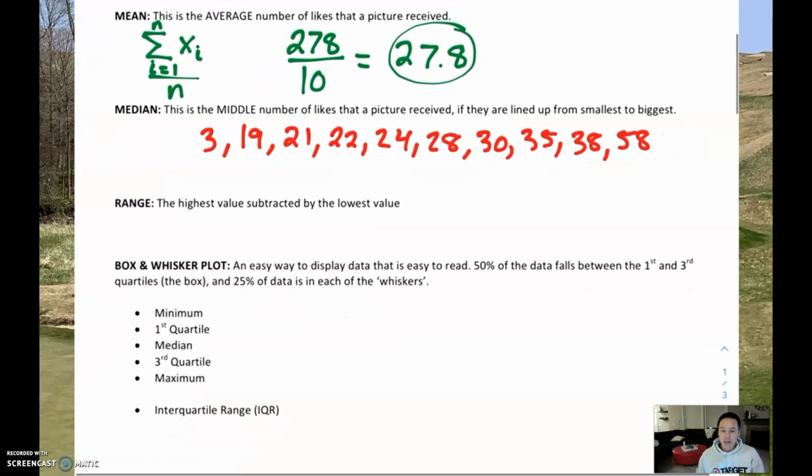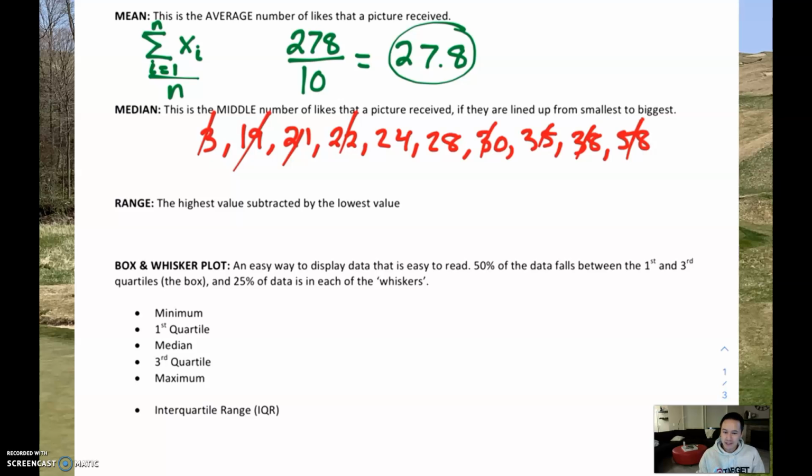So the first thing that we have to do is line them up smallest to biggest. And then we're going to start crossing off pairs from the beginning and end. So the 3 and 58, those cross off. 19 and 38, cross off another pair, and another pair, and it leaves us with 2 numbers in the middle.